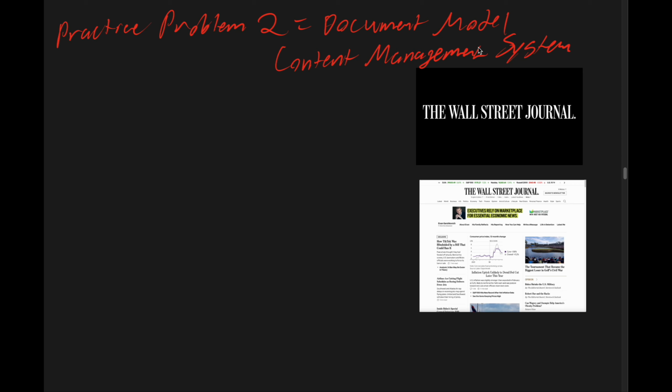Now let's focus on the document model side over the relational model. So we're going to deal with our example within a content management system. Now a content management system is a data system that, as the name suggests, focuses on content.